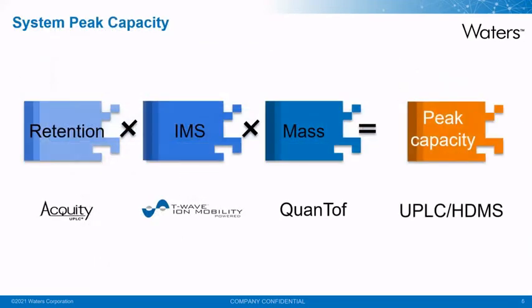So combining all these things, your retention in UPLC, ion mobility, and improved resolution, you would end up building on the peak capacity that you can detect within your samples, and then improving the confidence of what you can actually detect.